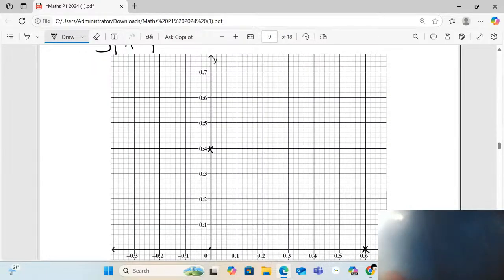Then we join the two points that you've marked on the graph. The equation is 2x plus 3y equals 1.2.